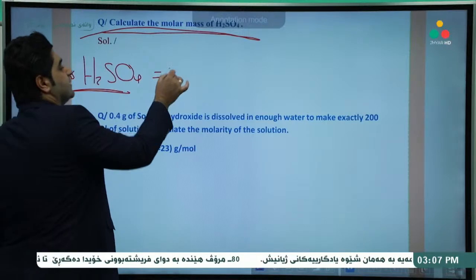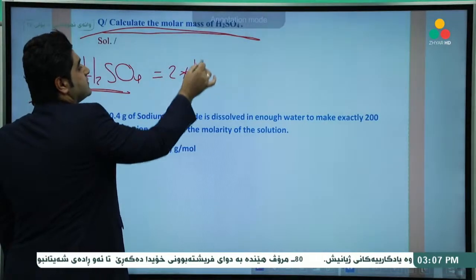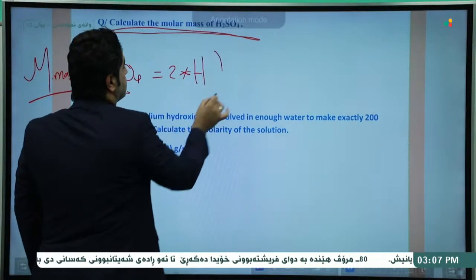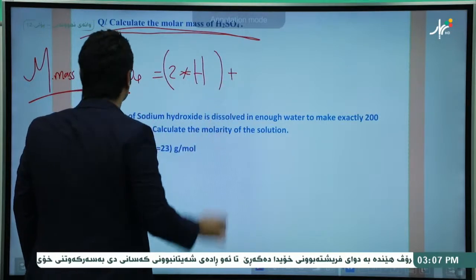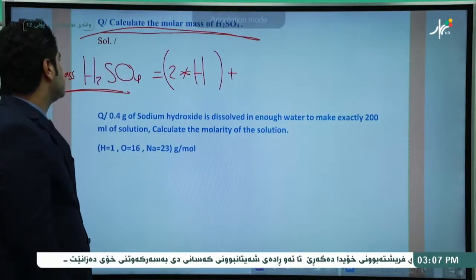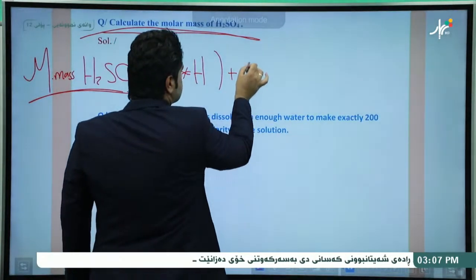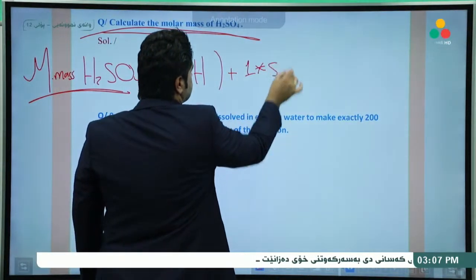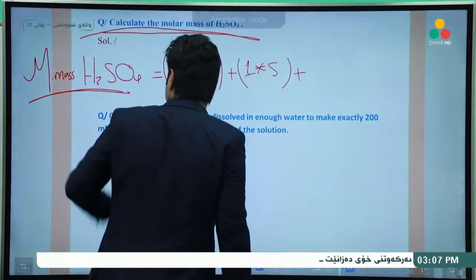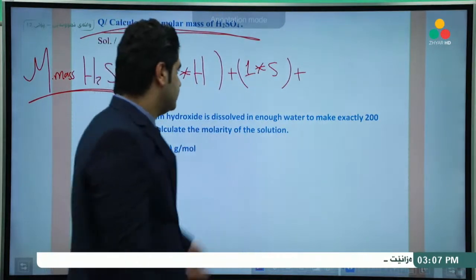So 2 times H, 2 times hydrogen, plus how many sulfur? Of course, 1 atom of sulfur. So 1 times sulfur plus 4 times oxygen.